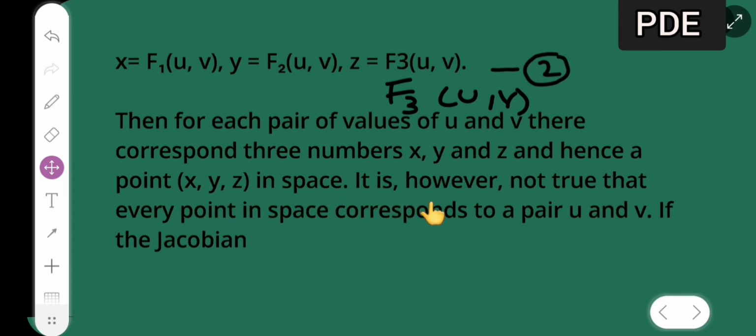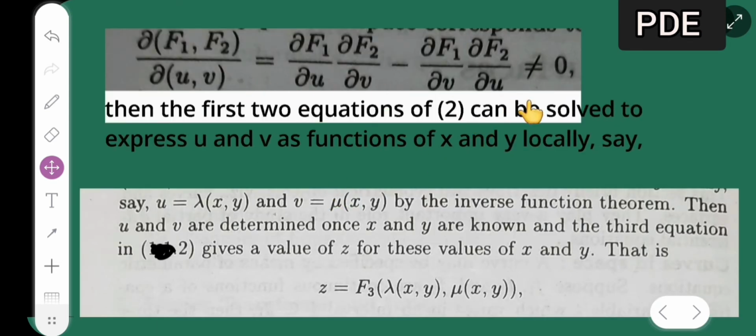So we'll see, if the Jacobian is not equal to 0, that is, dou f1 comma f2 upon dou u comma v is equal to dou f1 upon dou u, dou f2 upon dou v minus dou f1 upon dou v, dou f2 upon dou u is not equal to 0, then the first two equations of 2 can be solved to express u and v as functions of x and y locally.